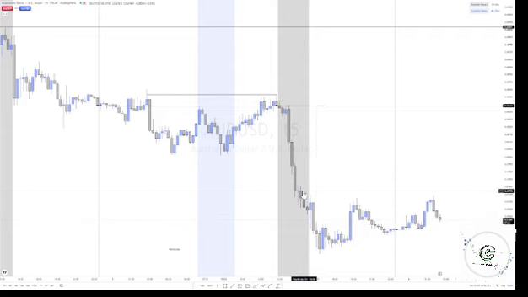I don't want to use the word overbought because I don't really think there's something like overbought or oversold. Those are just terminologies that are being coined up by people to make you feel there is a point where something can be overbought.